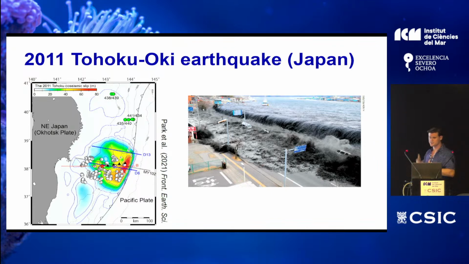There's a large uncertainty regarding the values of slip, as we will see now, but the values vary between 50 and 70 meters of fault displacement. And because of this large displacement near the trench, as we've seen in the animation before, a large tsunami was triggered, and it was quite disastrous for the coastal populations.